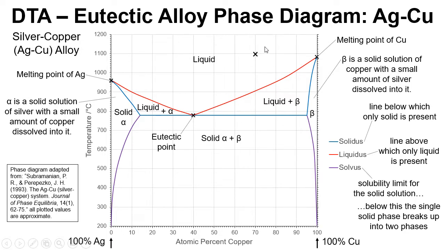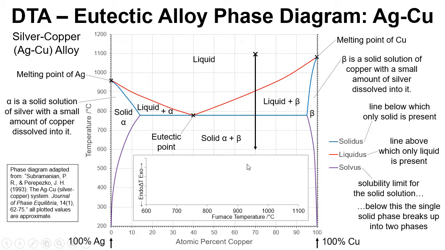So let's now imagine that we've got 70% by atom ratio, and we're at 1100 degrees. If we had a mixture there and we cooled it down in our DTA, we would pass through these different phases and we could get a thermogram, and let's see what that would look like.